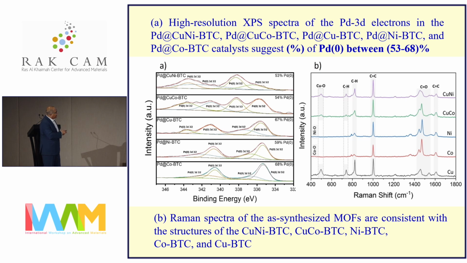You can look at the XPS analysis of the palladium 3d here, and you can see that in all the palladium catalysts supported on the MOFs and bimetallic MOFs, the percentage of palladium 0 is not that high. It ranges between 53 and 68%. For a typical, very active catalyst, the palladium 0 percentage is usually 90% or more. So we notice that there is a difference here in the percentage of palladium 0, so we do not expect the activity to be that high for that reason.